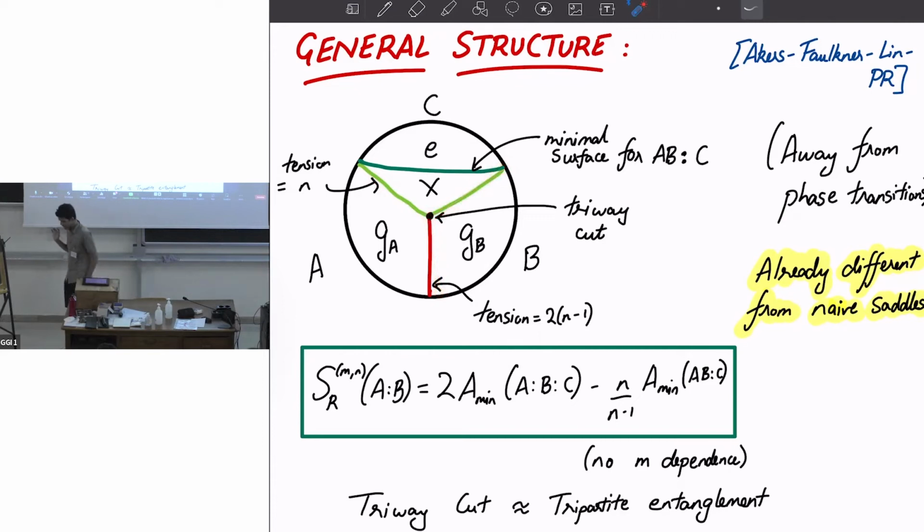So there's no m dependence. So firstly, the analytic continuation in m is rather simple. You can just compute the reflected entropy as a simple function of the domain walls here, which is this minimal surface, and this junction, which we call the tri-way cut.